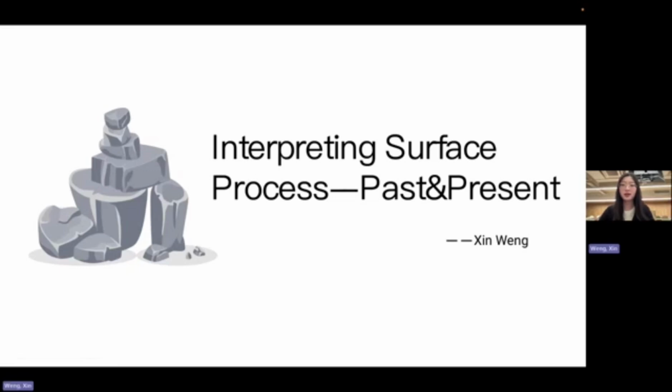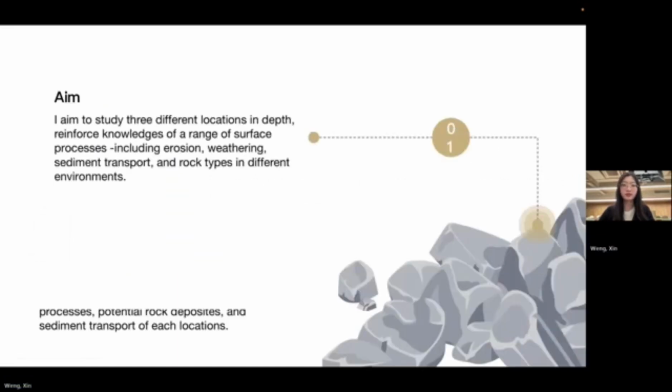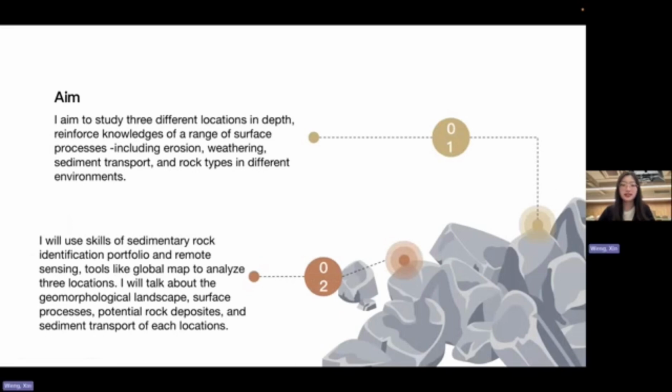In this video, I will talk about interpreting surface processes in past and future for 3 locations. For this exercise, I aim to study 3 different locations in depth, reinforce knowledge of a range of surface processes, including erosion, weathering, sediment transport, and rock types in different environments.